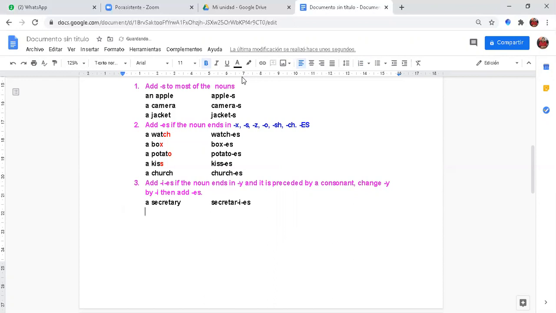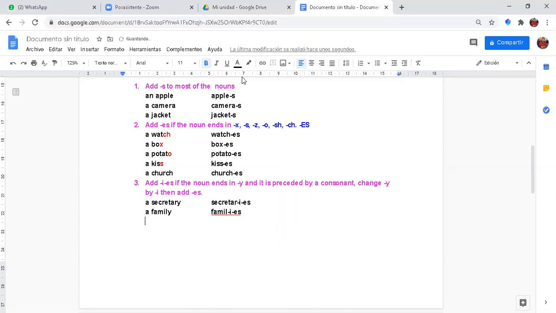Another example, family, a family, plural, families.